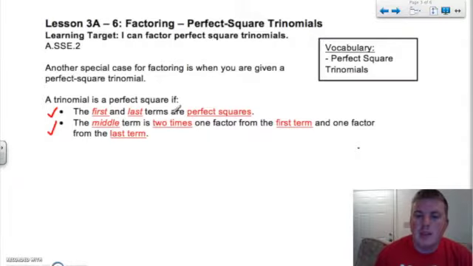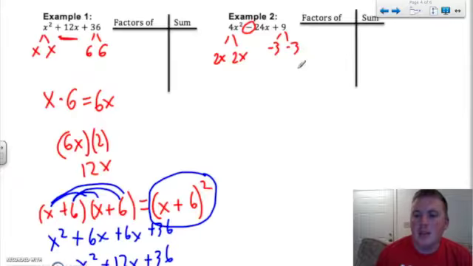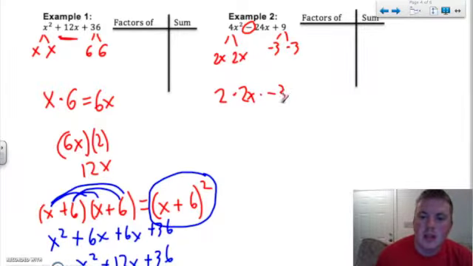Now the middle term has to be 2 times one factor from the first term and one factor from the last term. So I'm going to go ahead and do this all in one step this time. I have the 2 times that I have to have from my stipulation, a factor from the first term, which was 2x, and a factor from the last term, which is going to be negative 3. So I multiply these together, and I get 2 times 2x is going to be a 4x, and a 4x times a negative 3 is going to be a negative 12x.